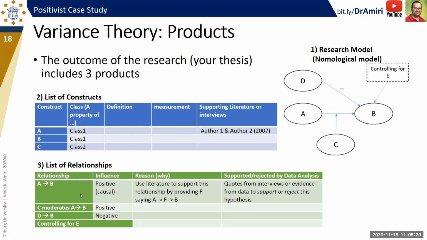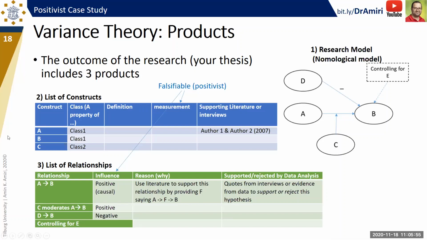So this is, in a nutshell, in this slide, you see everything that you need to create in your thesis if you want to provide a variance theory. Note that if you don't provide a measurement for these constructs, if you don't provide a kind of correlational influence between the two, then you cannot call this a positivist theory, because it's not falsifiable.